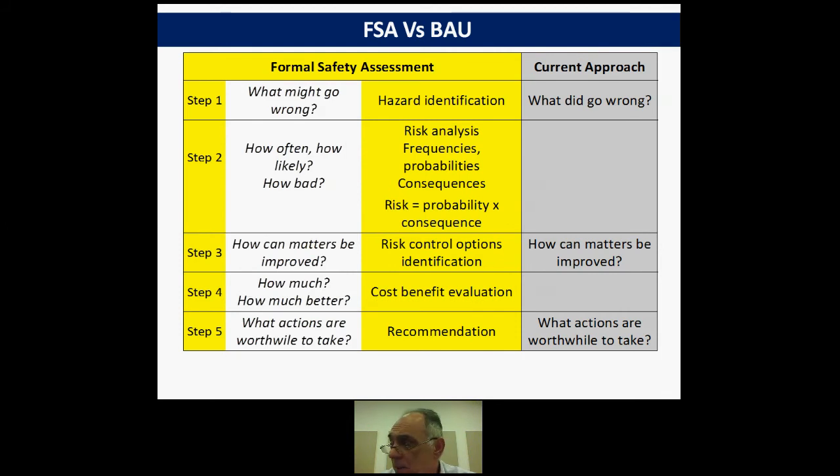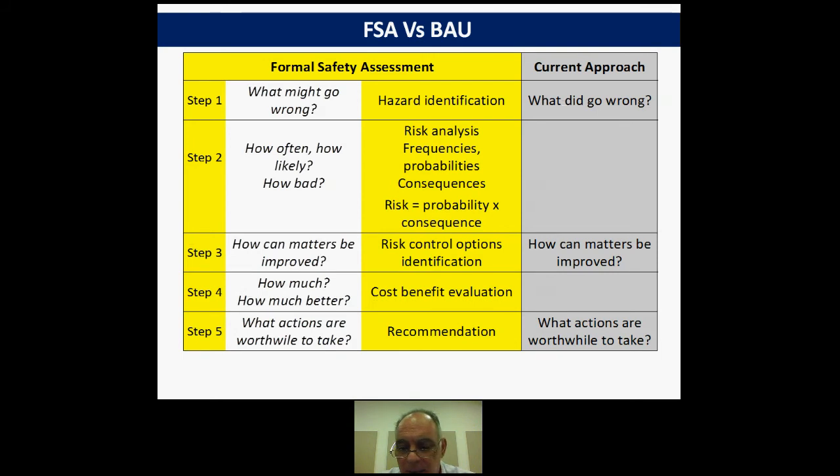Again, we can talk about risk control options, as we do in a conventional approach. There is a very important step here, which is called the cost-benefit evaluation step. We put some numbers here in terms of how much this control costs, and whether the benefits we achieve are really satisfying the criteria of cost effectiveness.